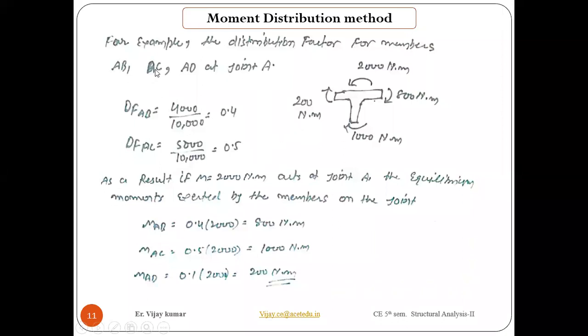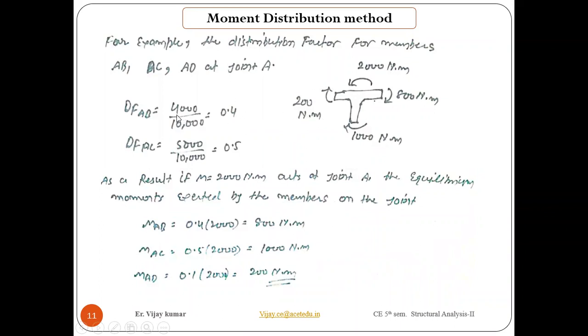Here AB, AC and AD are the members connecting at A. So for DFAB, the stiffness factor is 4000, divided by the total stiffness that we already calculated: 1000 plus 4000 plus 5000 is 10,000, as seen in the previous slide.